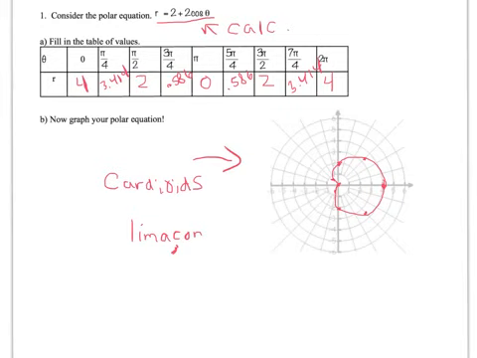But the more important thing is that these are always going to be the result of a polar equation that has this form.